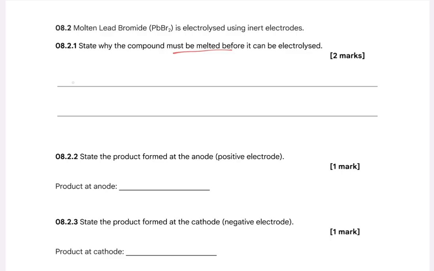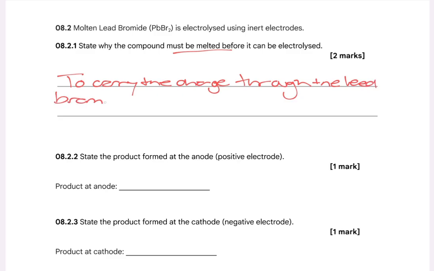So we have to appreciate what is happening when something is being electrolyzed. In order to carry the charge of electricity throughout its substance, in order to allow it to conduct, to carry the charge through the lead bromide, we have to have ions, which lead bromide is ionic, so we've got that aspect.